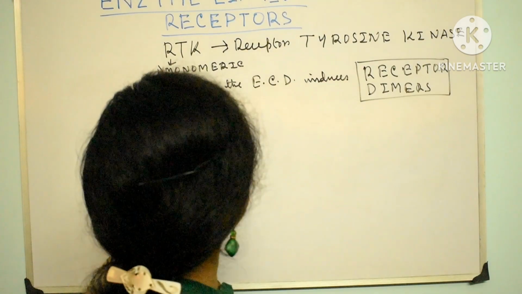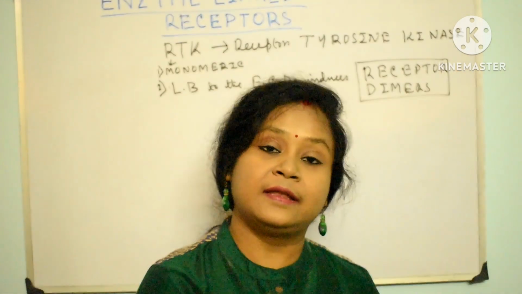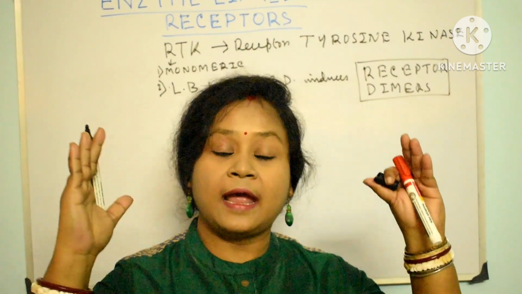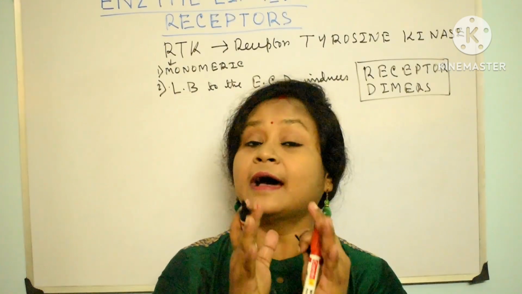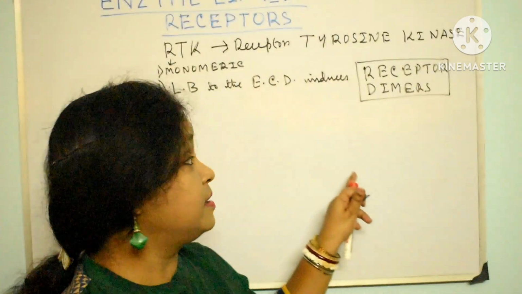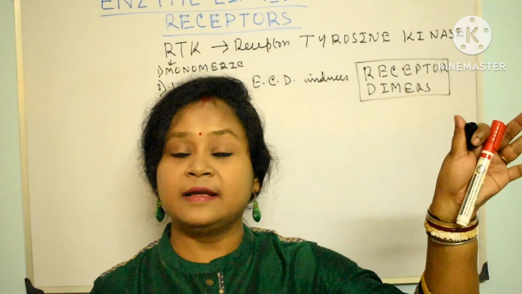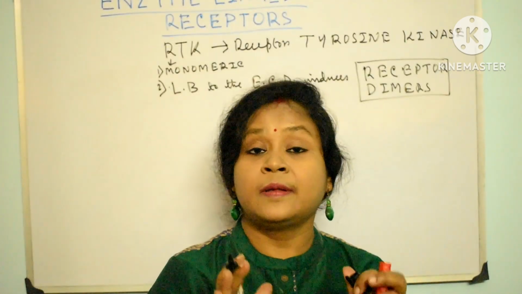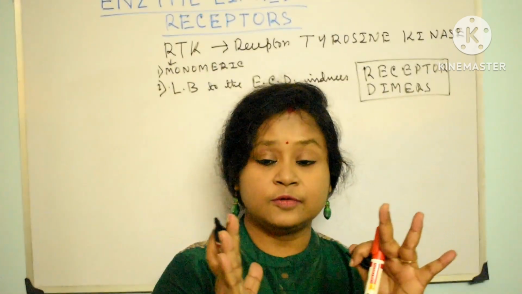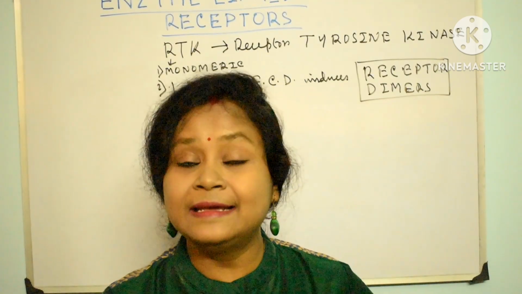Normally they are monomeric, meaning single, and after ligand binding to the extracellular domain, changes occur inside, in the cytosolic domain, and two monomers become united to make a dimer. This one is very important, so mind it carefully. Normally they are monomeric in nature. After binding ligand at the extracellular domain, there is a change and two come into close contact and make a dimer in response to ligand binding.